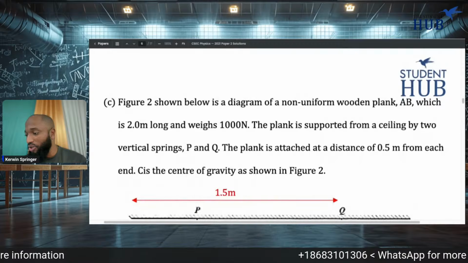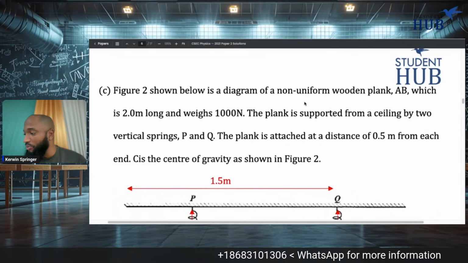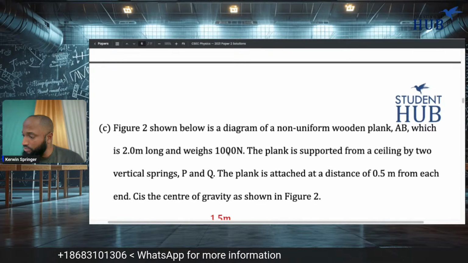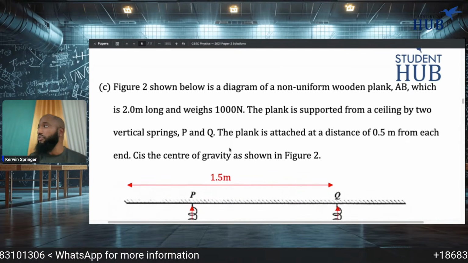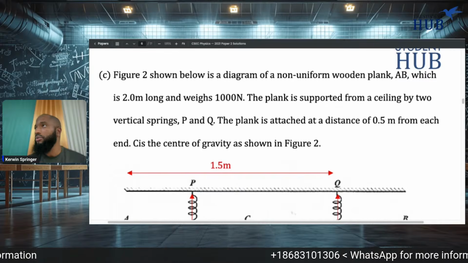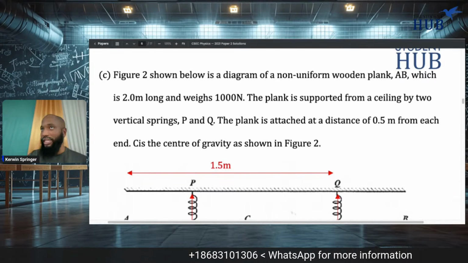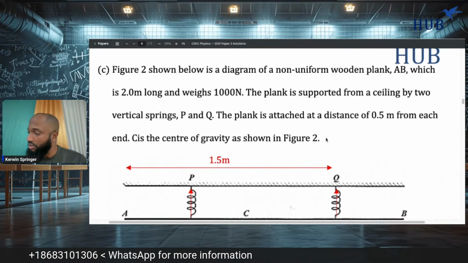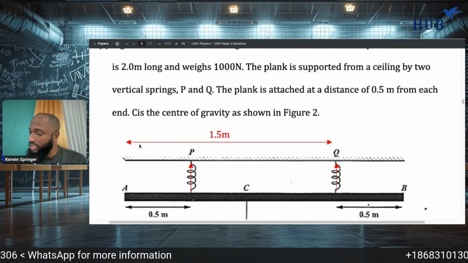So figure 2 shown below is a diagram of a non-uniform wooden plank AB, which is 2 meters long. It's non-uniform. So when you see non-uniform, what does that tell you? We don't know where the center of gravity is, so we may need to find that. C is the center of gravity.